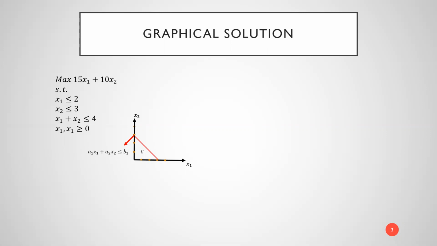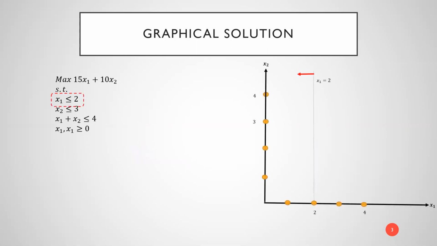let's focus on constraint number 2. All right. Let's pick up, for example, 4. Does it satisfy our inequality? Is 4 less than 2? No. So let's try another point, x1 equal to 1.